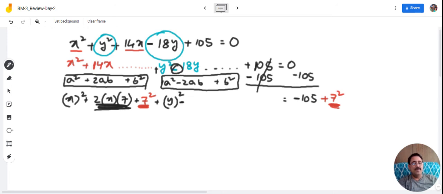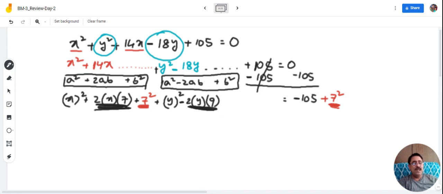Now coming to the second part of the question, y square and a square, they are resembling. Minus, remember here minus is there, that's the reason I'm taking minus 2ab. 2 times the a value is y. What is the b value? We don't know, but let's try to match this with 18. 2y times what value makes 18? 9.